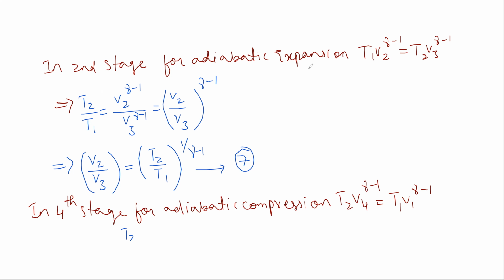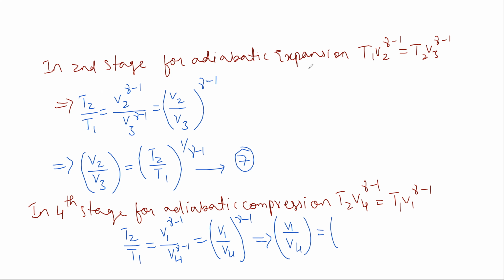T2 divided by T1 is equal to V1 by V4 whole raised to gamma minus 1. So V1 by V4 is equal to T2 by T1 raised to 1 divided by gamma minus 1. Consider this one as equation 8.